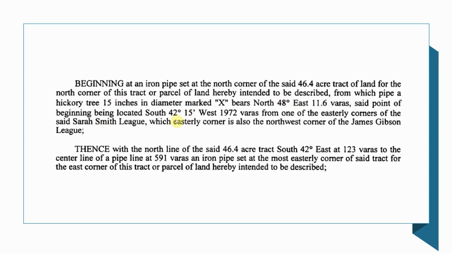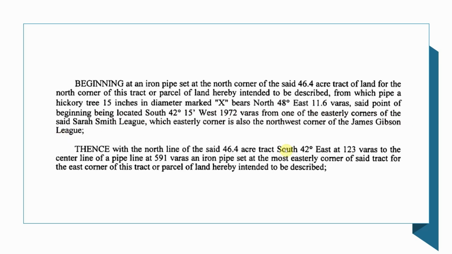And then our other monumentation to help us define our point of beginning, we know that there is a point south 42 degrees 15 minutes west and 1,972 varas from one of the easterly corners of the Sarah Smith League, which easterly corner is also the northwest corner of the James Gibson League.